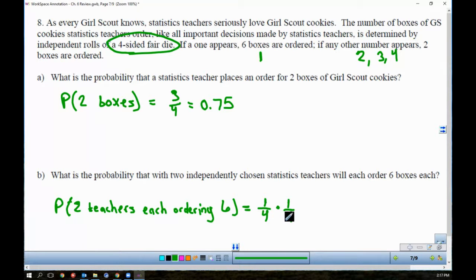They're independently chosen. So 1/4 times 1/4 is 1/16. Questions on those two?